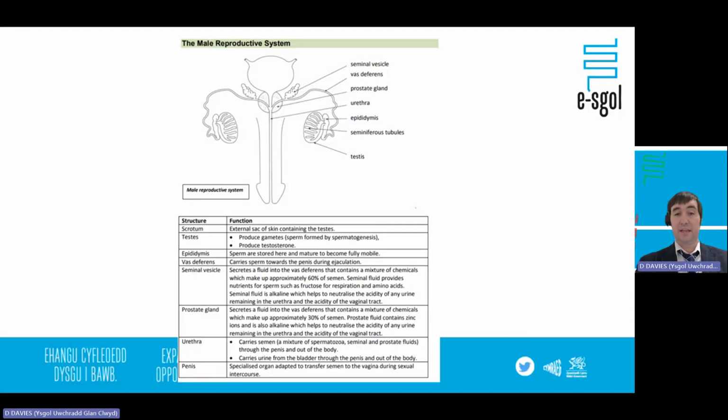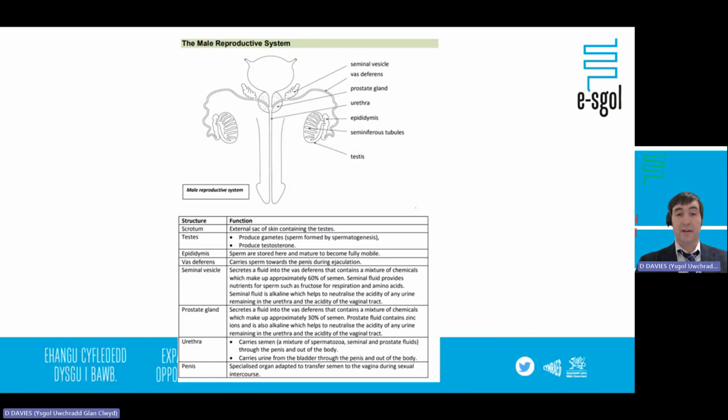The prostate gland, again at the base of the penis underneath the bladder, also secretes a fluid into the vas deferens. Prostate fluids contain zinc and ions, and again help neutralize the acidity that may be in the vaginal tract. Both of those glands produce seminal fluid. Semen, which is what is ejaculated, is a mixture of sperm cells and seminal fluid.